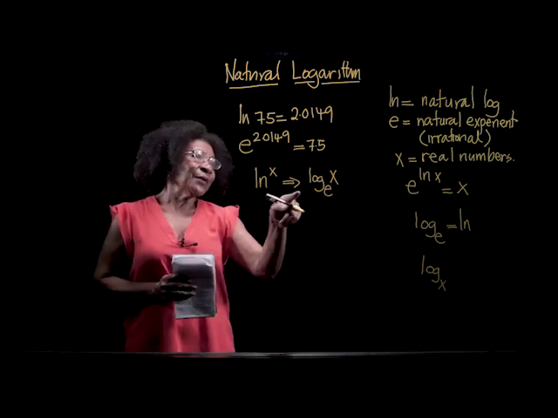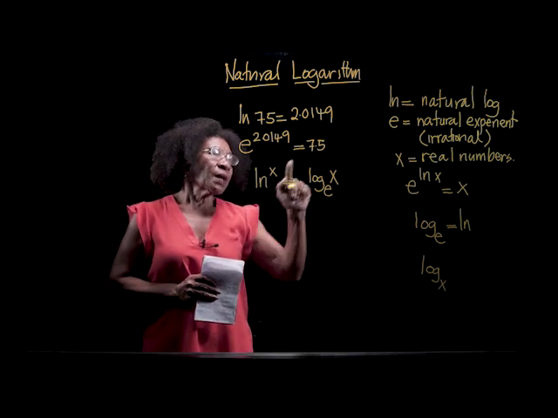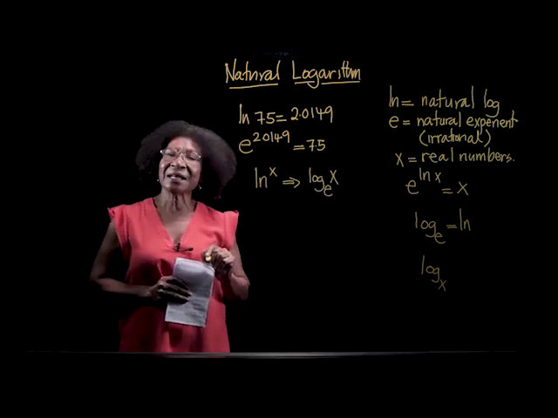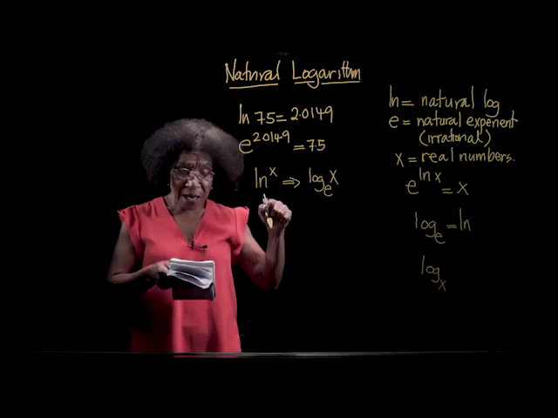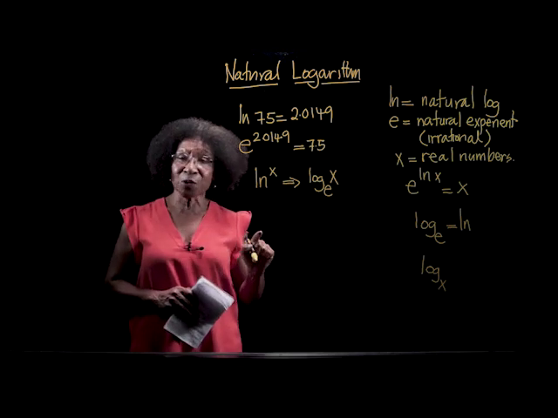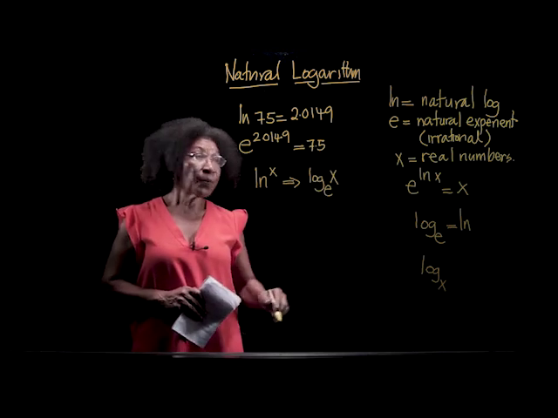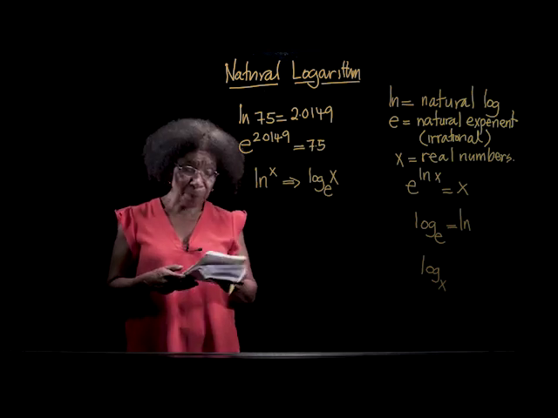And if we write log base e of x, let's take note that the value of e, which is the natural exponent, is approximately 2.718, and it is irrational. It continues on. It is not a number like 0.25.